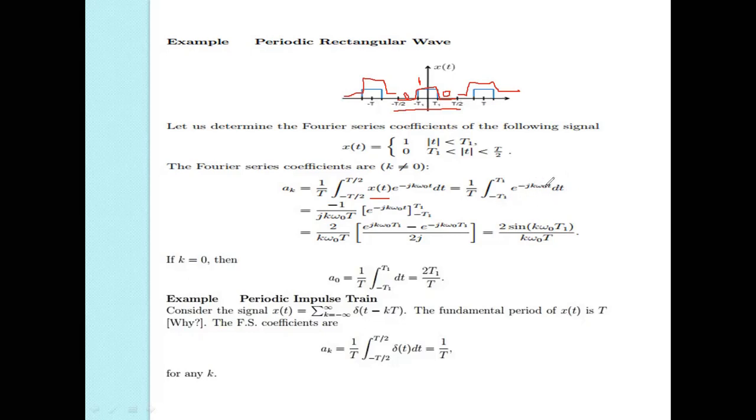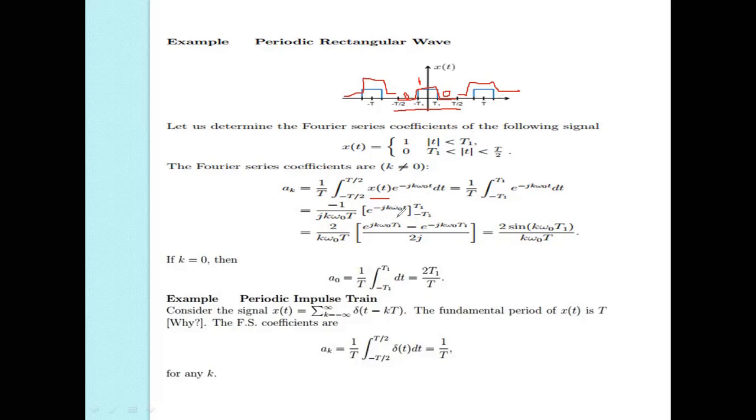Apply the integral of this function: 1 by T, the e power minus jk omega naught t, where the coefficient is minus jk omega naught. So minus 1 by jk omega naught T into e power minus jk omega naught t, with upper limit t1 and lower limit minus t1.